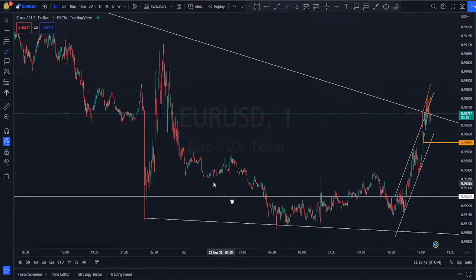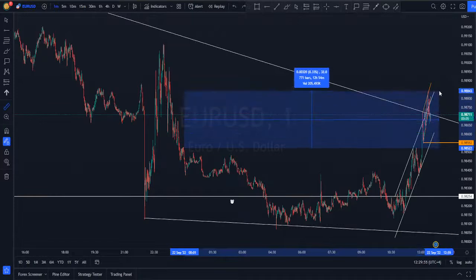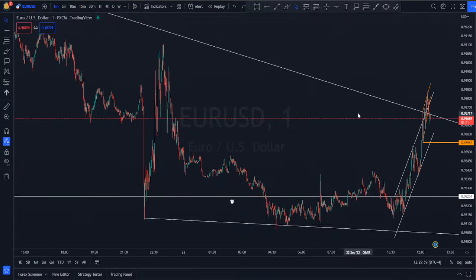From the start of today, from here, that is 36 pips. So from here, that's 32 pips. Oh, fine.